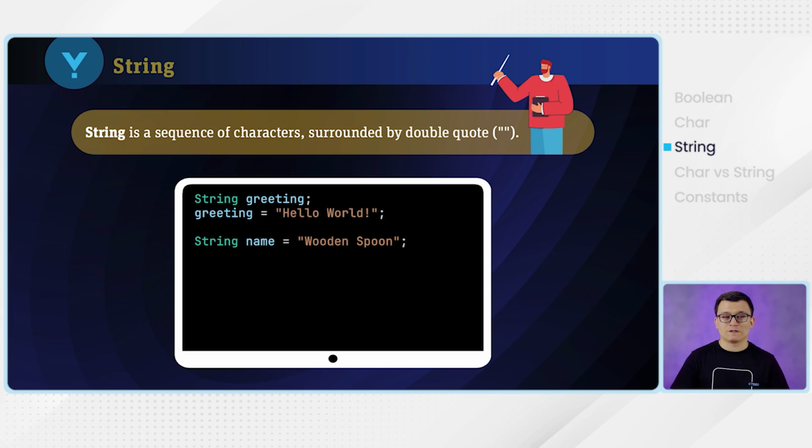And next time when I call this variable greeting, it is going to give me hello world. Okay. And yes, you can also assign the name of the person. For example, name can be set to wooden spoon, a string of text, and then store it into the variable name. So let's declare those 2 string variables in IntelliJ to see how we can use string as the data type.